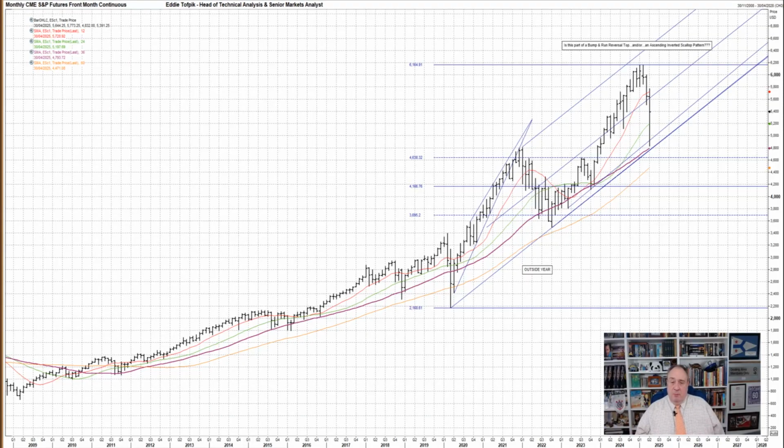Finally, I would like to reprise and add some thoughts to my earlier comments on the longer term picture, and I quote, "The question here is whether the at least 2023 to date action and possibly the 2022 to date action are part of a bump and run reversal top and/or part of an ascending inverted scallop pattern.